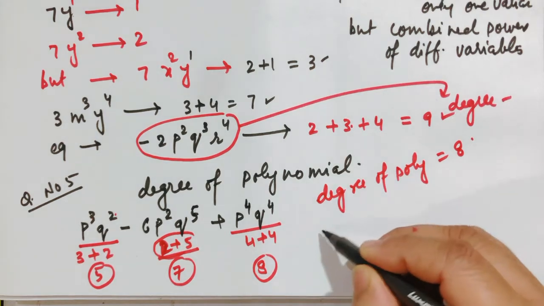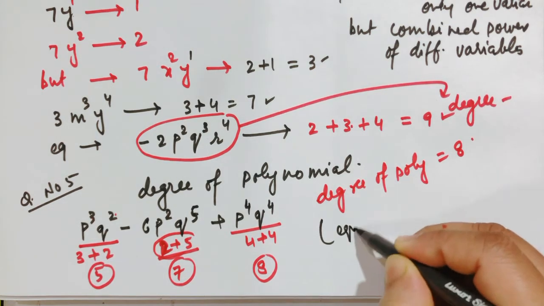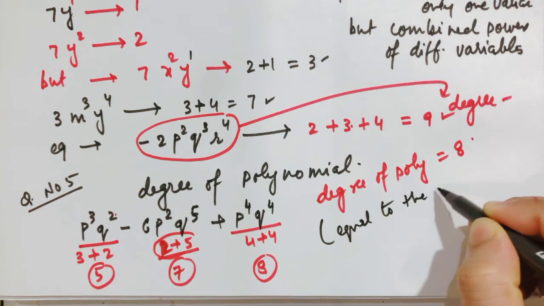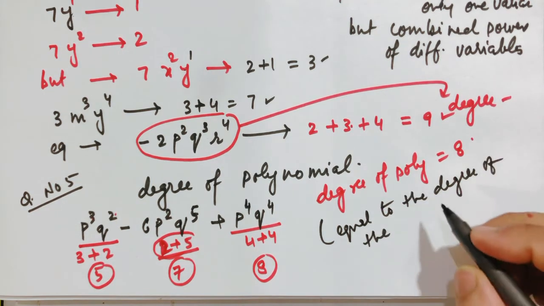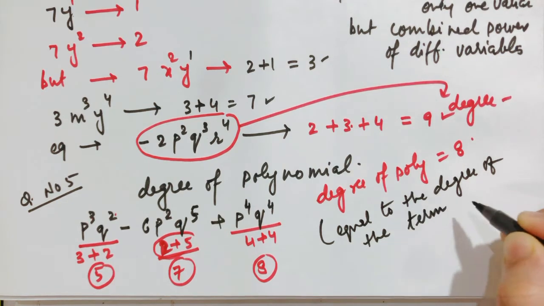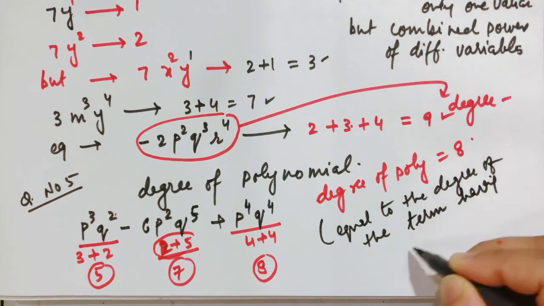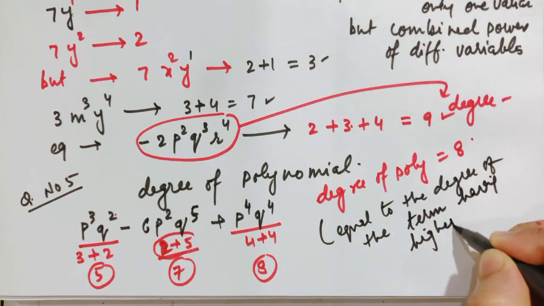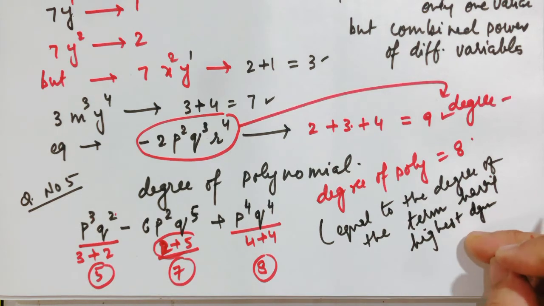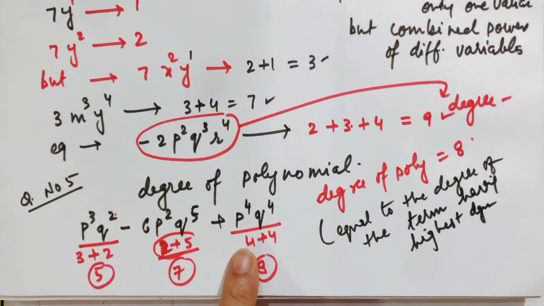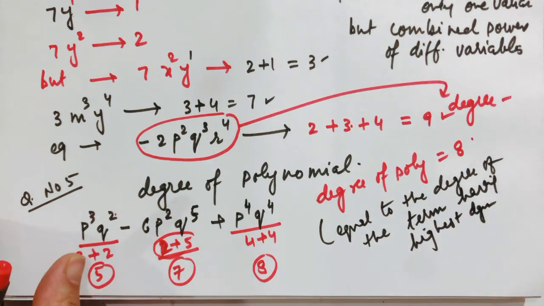The degree of a polynomial is equal to the degree of the term having the highest degree. I hope you have understood this. Clear?